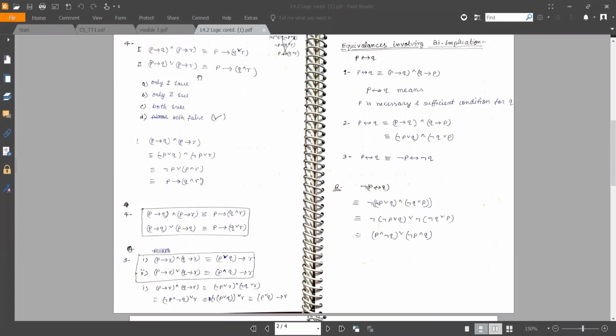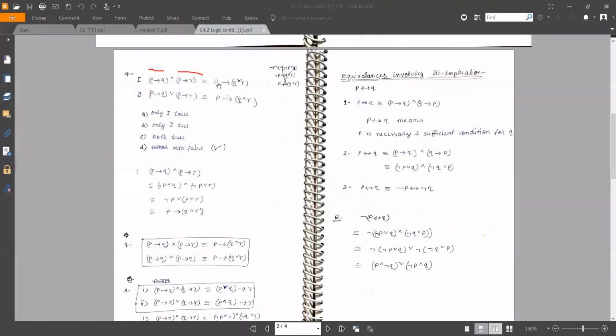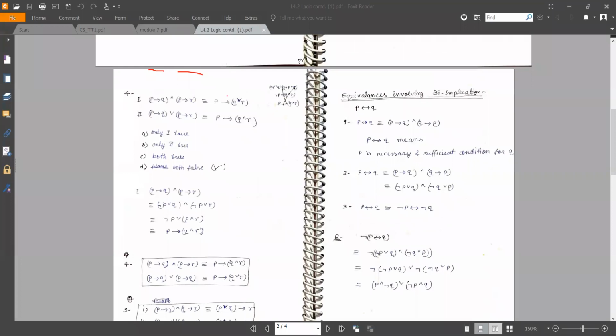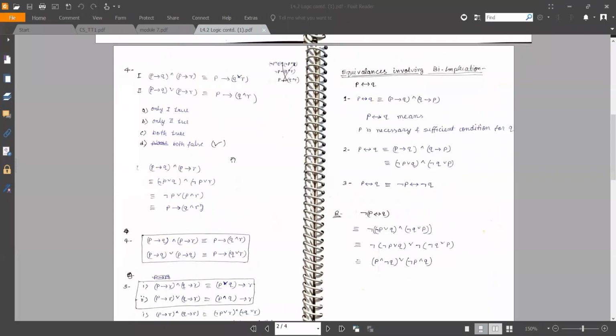Now notice that in both the sub implications, there was a common term P. See, the sign here is changed.